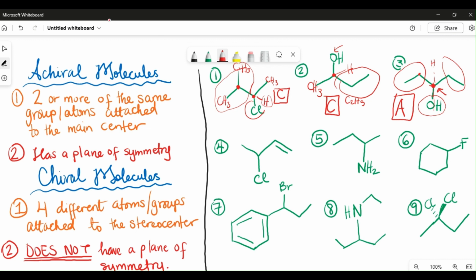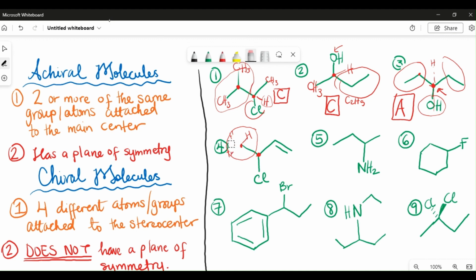We have this information here. This is definitely an achiral center. The carbon center is just attached to 3 imaginary hydrogens. So this is another one. You see that here it's connected to a methyl group, a CH3 group.